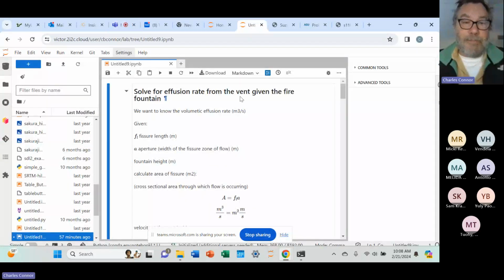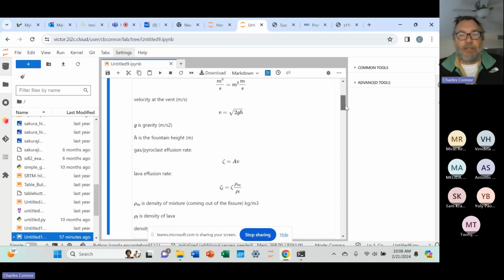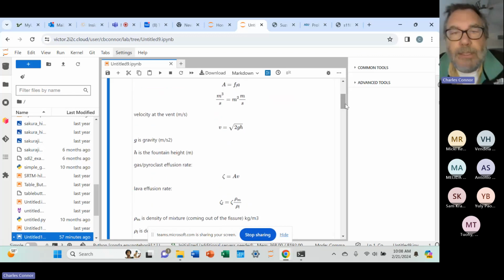Okay, so last time we were talking about estimating an effusion rate at a vent given a fire fountain. Remember, the basic strategy was to derive an equation for how we might use the effusion rate to model the eruption.